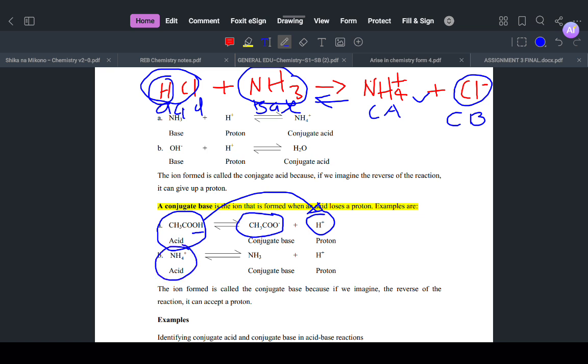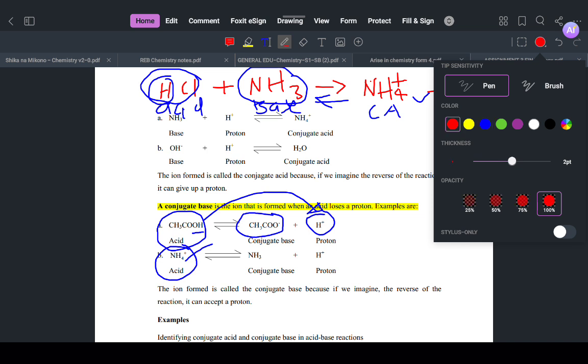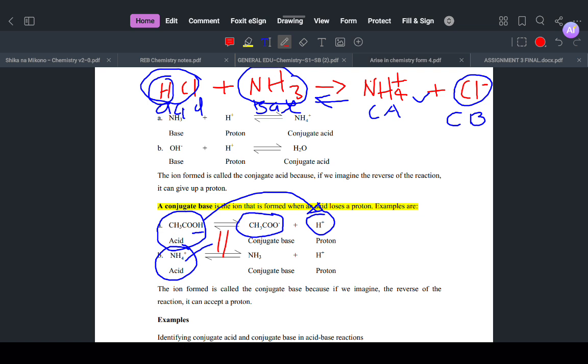Ammonium may behave like an acid, whereby it loses its proton. If one of the hydrogen ions is removed, what will remain is a conjugate base. Once again, a conjugate base is the ion that is formed when an acid has lost its proton.